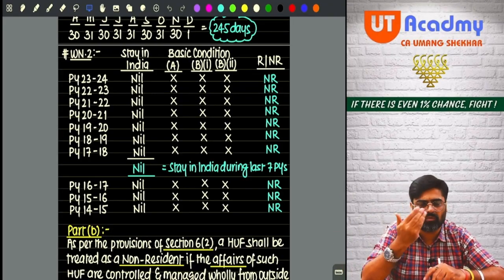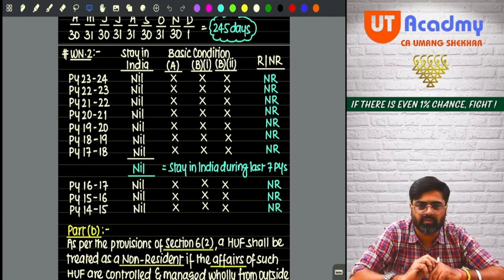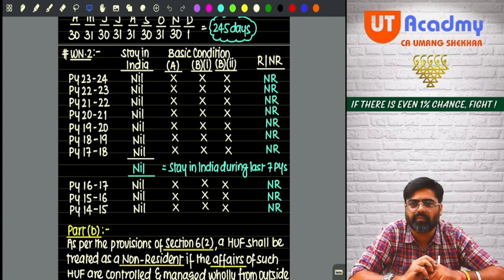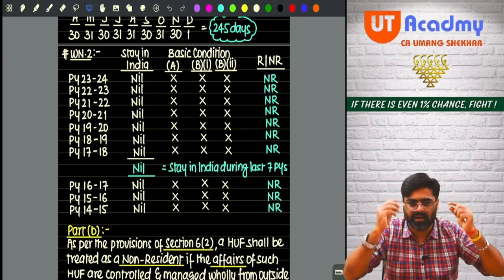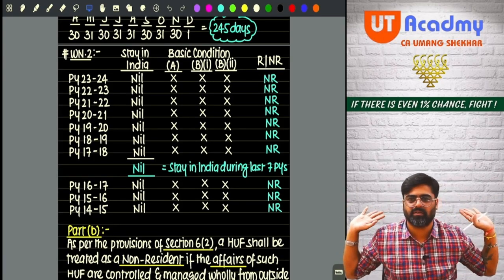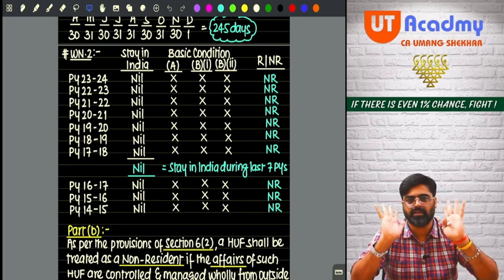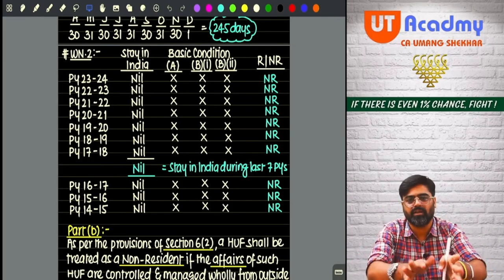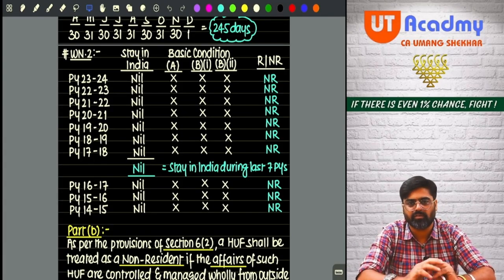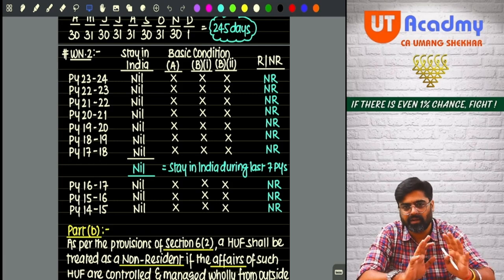Why calculate, why take previous year 23-24? See, forget about the words previous year first. 24-25 is the year for which I am determining the residential status. So what is the stay in 24-25? 245 days. Basic condition is fulfilled. Resident.